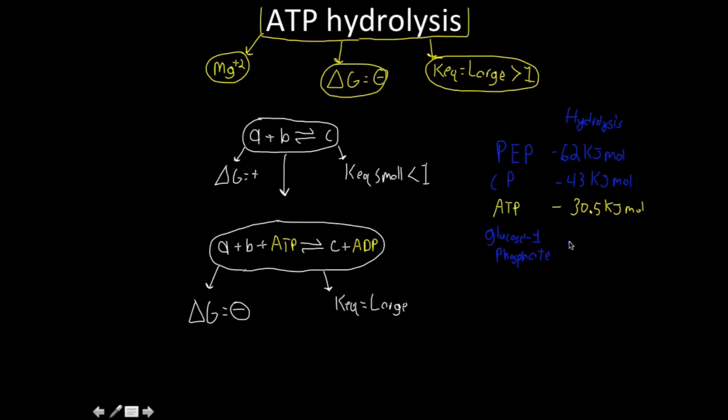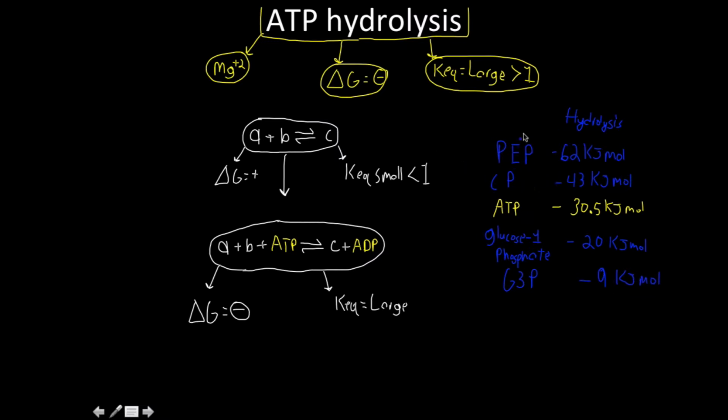Glucose 1-phosphate, whenever the phosphate group is hydrolyzed off, gives us about 20 kilojoules per mole. And lastly, I'll list G3P, glycerol 3-phosphate, which gives off about negative 9 kilojoules per mole. So why ATP?